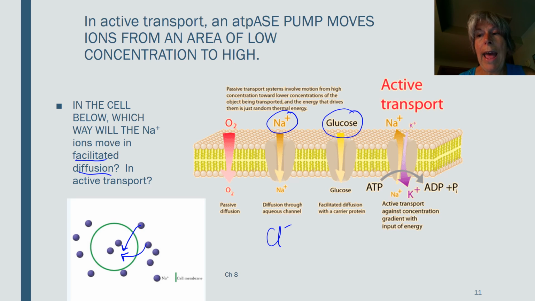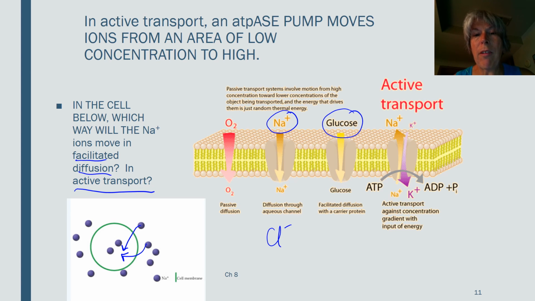Now, if we had active transport, that's when our solute moves from an area of low concentration to an area of high concentration. Think of it as if you were trying to shove yourself into a room where there's a whole bunch of people. It's hard to push yourself in there, so you need something to help you. Maybe your friend behind you has to give you a shove.